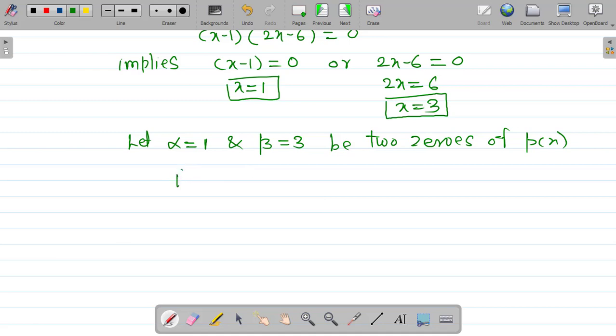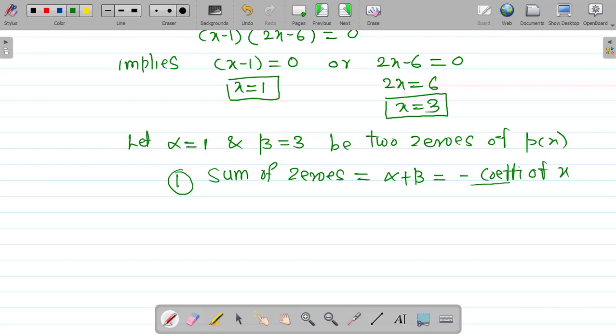The first relationship is the sum of zeros, that is alpha plus beta, this is the sum, is equal to minus coefficient of x upon coefficient of x square.